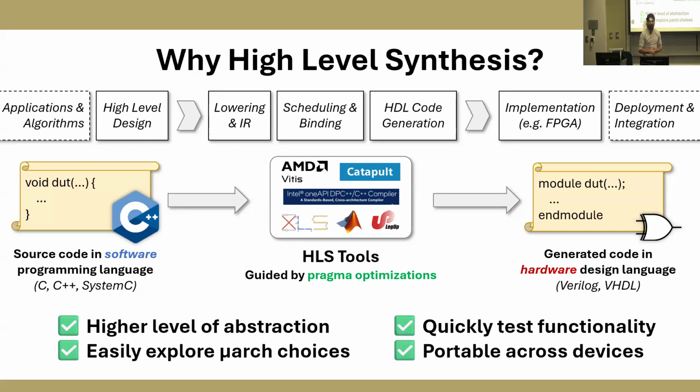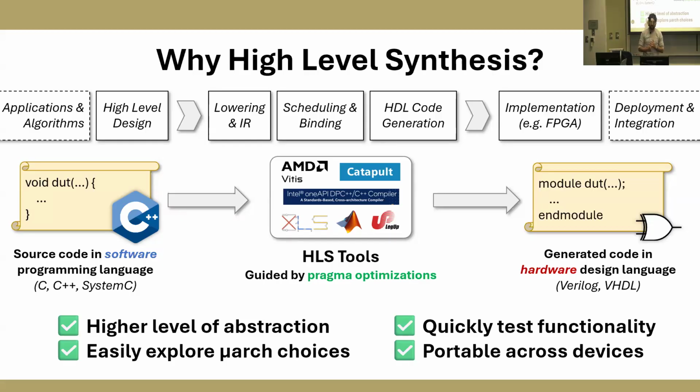Specifically, it gives us a higher level of abstraction. Verilog is not the greatest programming language ever. It has very poor metaprogramming capabilities. It's hard to write testbenches for without a lot of effort. There is SystemVerilog and industry improvements and stuff like that, but in the grand scheme of things, if you're focused on an algorithm and then you have to drop down to the Verilog level, you're losing a lot of abstraction.